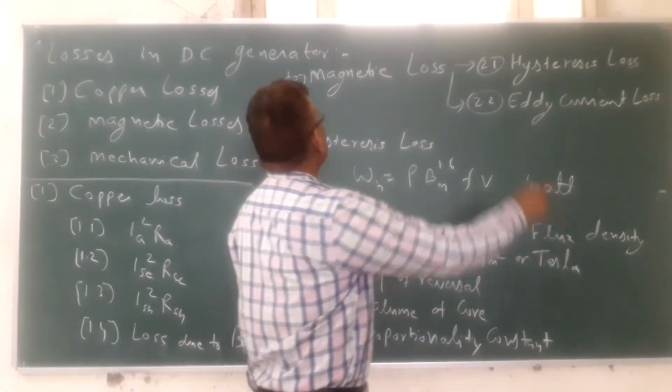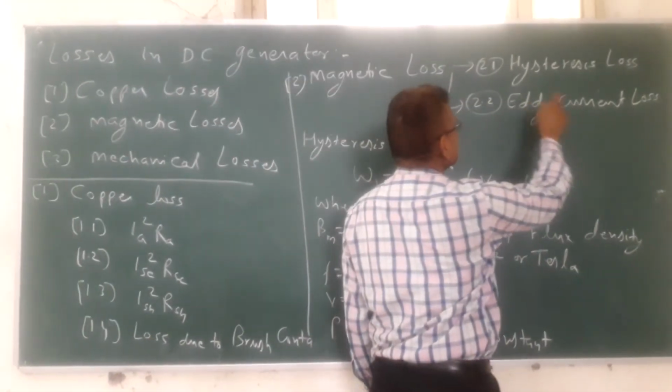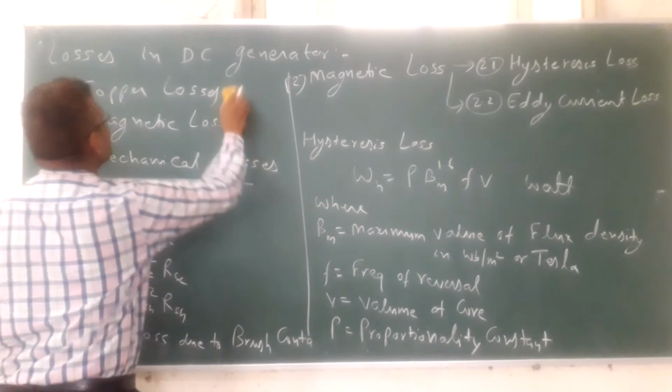Next magnetic loss is eddy current loss.